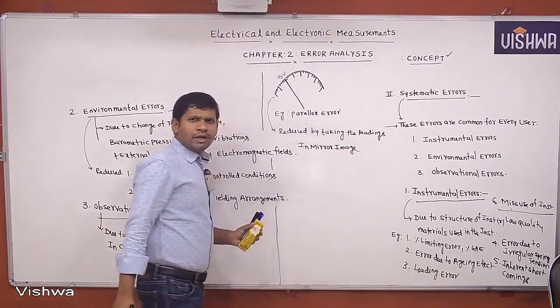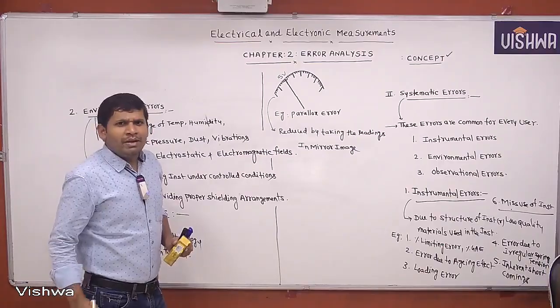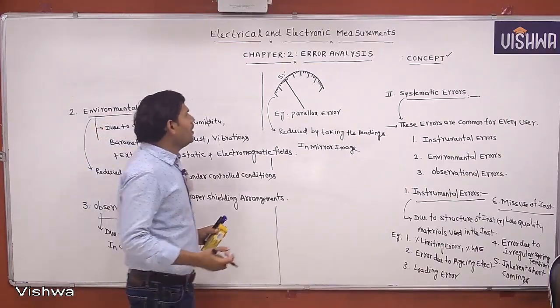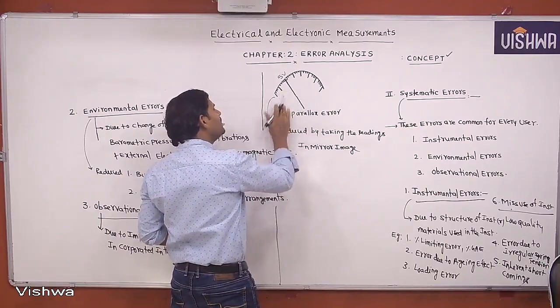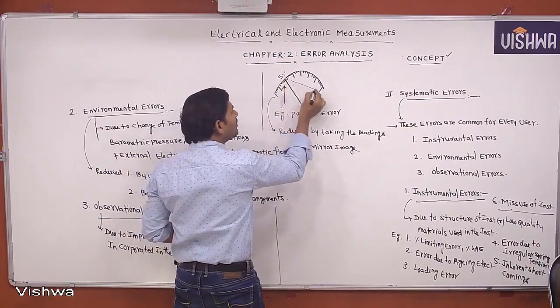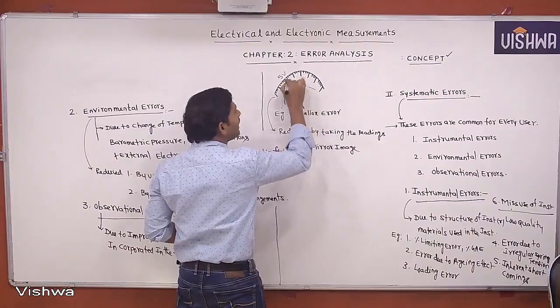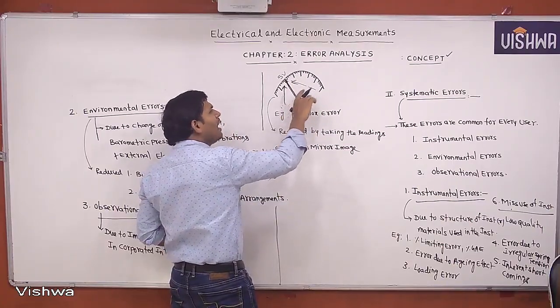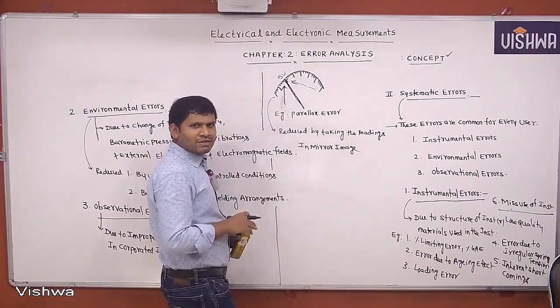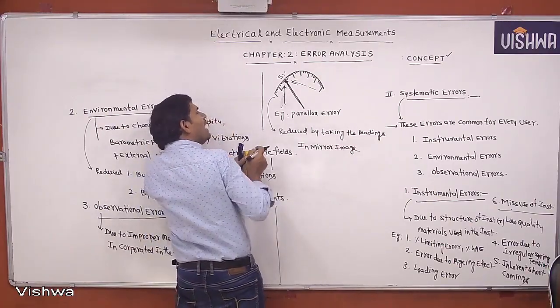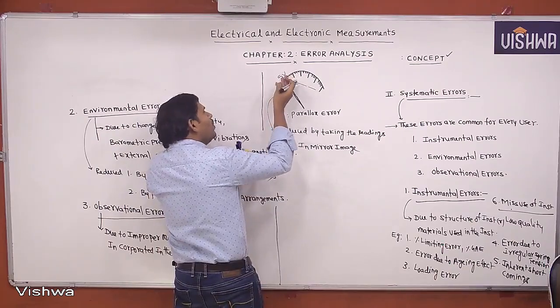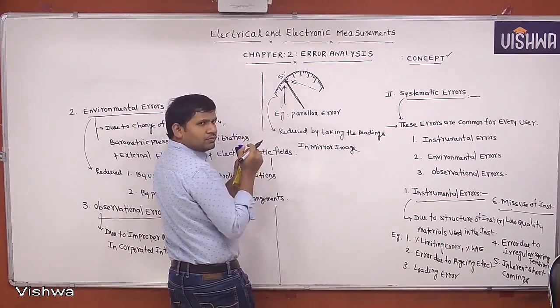If three members are conducting an experiment and one person is seeing from this side, another from this side, another from this side, the three persons will not give the same answer because of this parallax error. One person seeing from this side, in the measurement of 5 volts, will tell less than 5 volts.